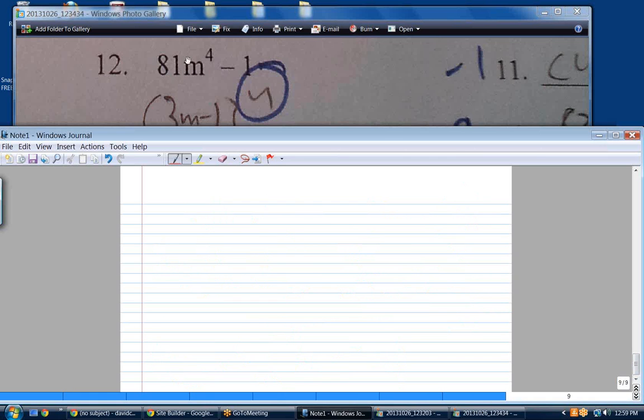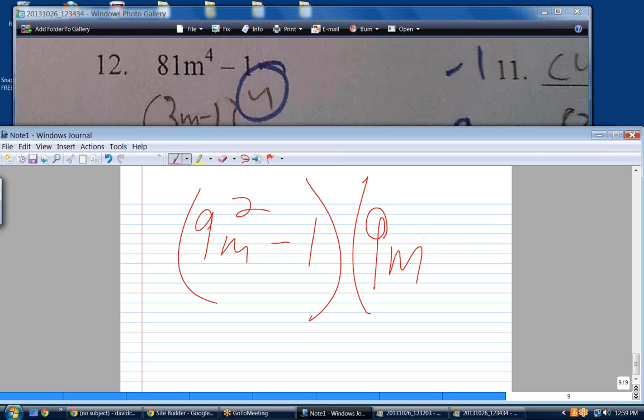What's the square root of 81m to the 4th? The square root is 9m squared. So it's 9m squared minus 1 times 9m squared plus 1.